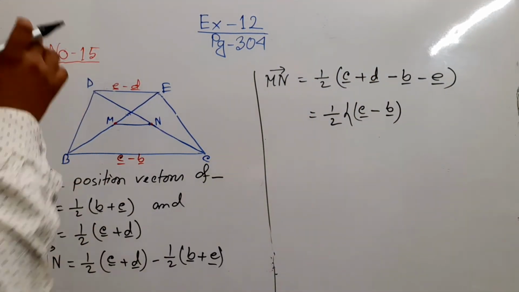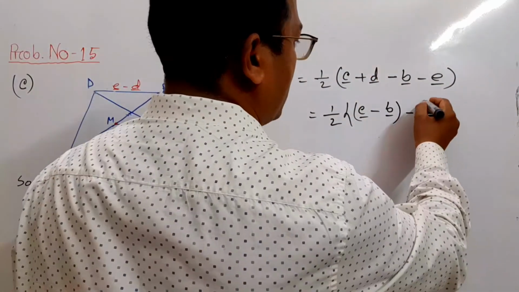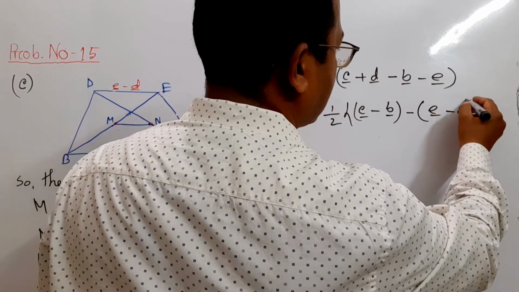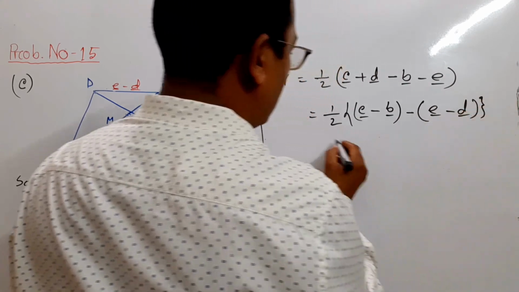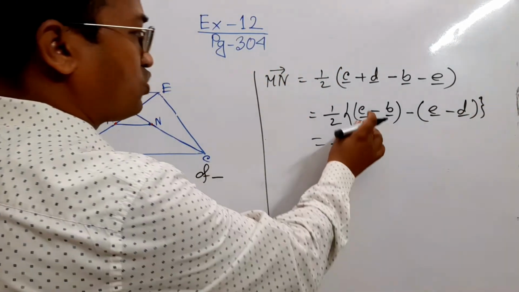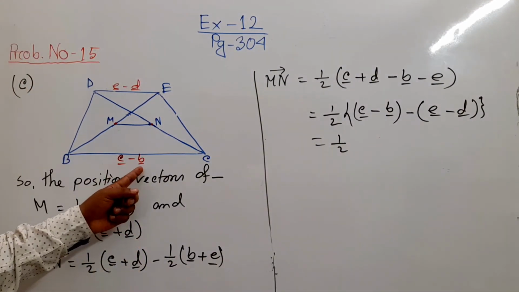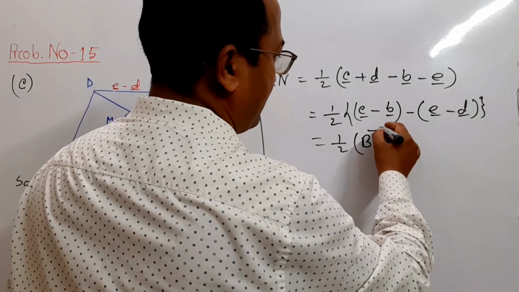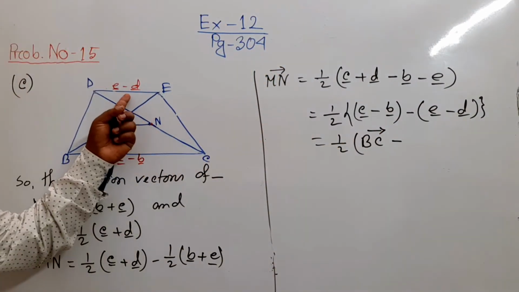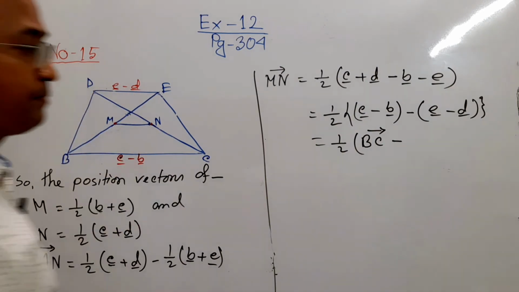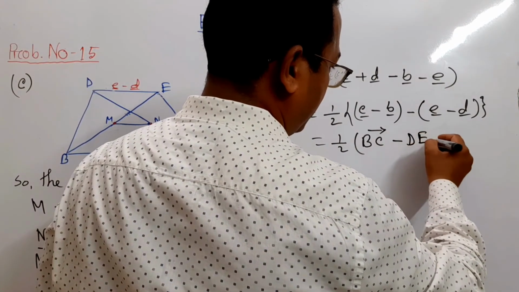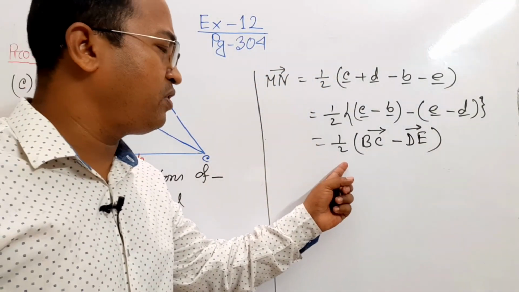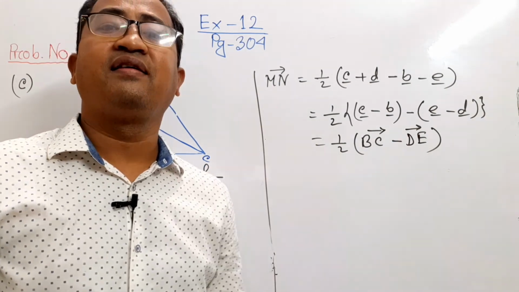So take a minus common, then minus e will be plus e and plus d will be minus d. So half into c minus b, this is the position vector of BC, and e minus d, that is the position vector of DE. So MN is equal to half into BC minus DE.